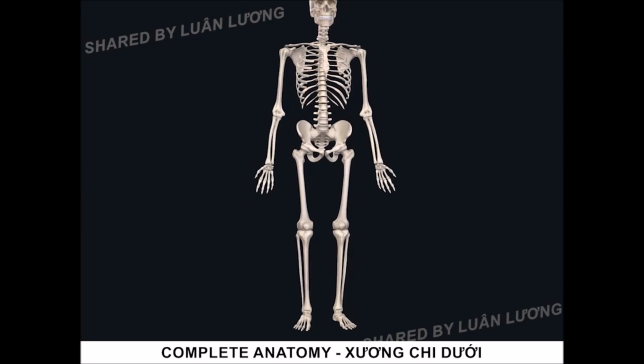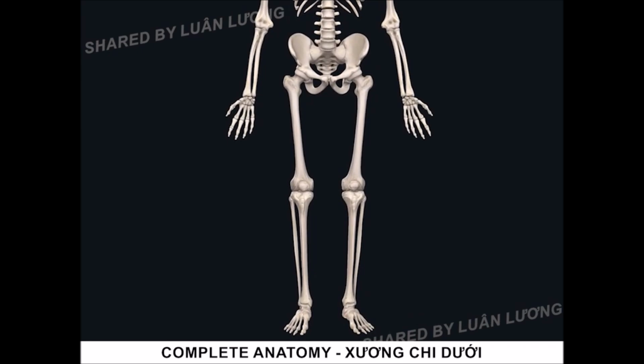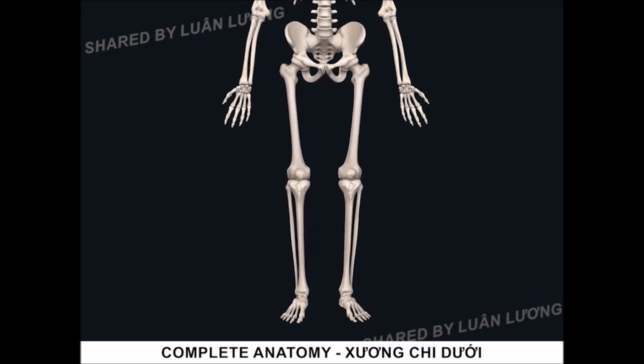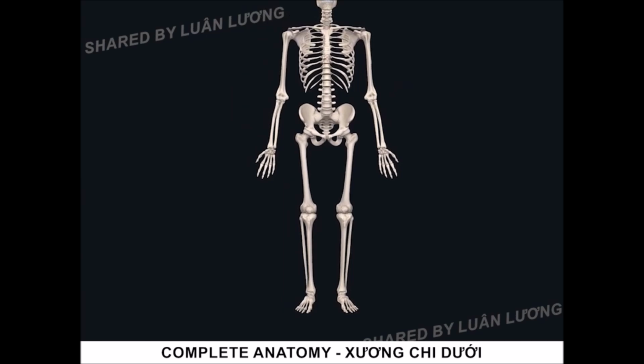Now, as we will take a closer look at locomotion in a little bit more detail when we talk about the joints, I want to focus more on the other two functions right now, which is to support the body weight and maintain balance. Now, if we were to take a look at the axial skeleton from an anterior perspective, we could see that that axial skeleton is primarily found within the midline of the body.